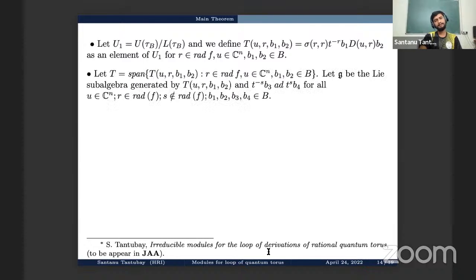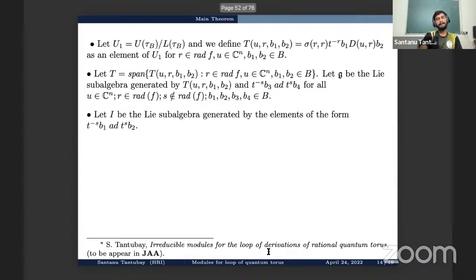We take T to be the span of the T(u,r,B1,B2), and G is the least algebra generated by the T(u,r,B1,B2) and T^(-s) B3 and T^s B4. And I is the subalgebra of G generated by the elements of the form T^(-s) B1 and T^s B2. Then using the associative action of CQ1 tensor B, we can prove that I is an abelian ideal of G.